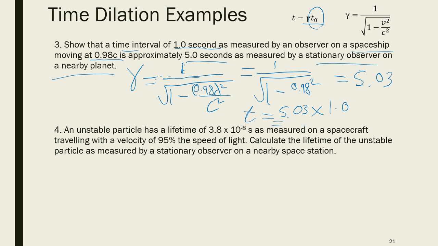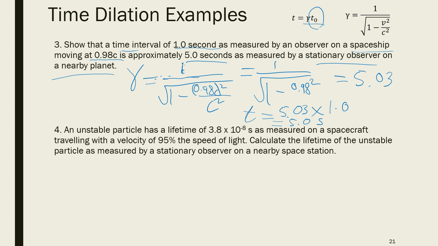And to two significant figures, 5.03 times 1 will just be 5 seconds as required. So if you're moving at a very high speed, 98% the speed of light, which we can't go anywhere near, but if you could, time dilation is going to be massive, and we'll talk about that in a minute when we talk about the twin paradox.